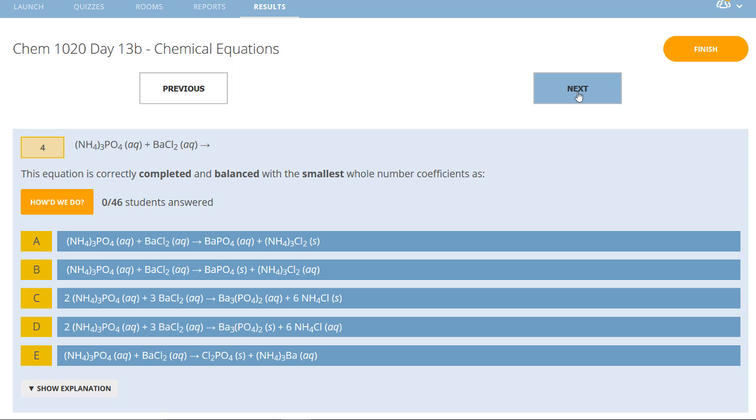when this equation is correctly completed and balanced with the smallest whole number coefficients, I don't know how this looks on the small screens. Who's got a small screen? Does yours all fit on one screen? Oh, yeah, okay. And it wraps around properly. That's good. A, B, C, or D? Or E, I guess.